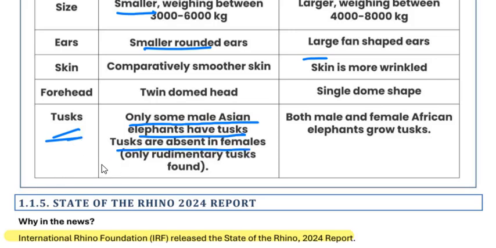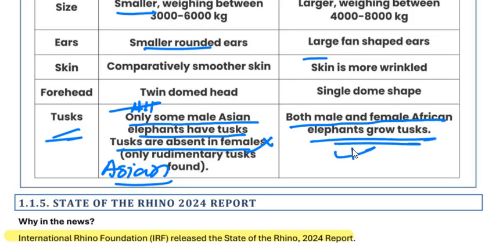This is the characteristic in the Asian elephant: some males, not all males. All is wrong. Only some males of the Asian elephant have tusk, and of course in females that is not present. But in the African elephants, both male and female African elephants grow tusk.